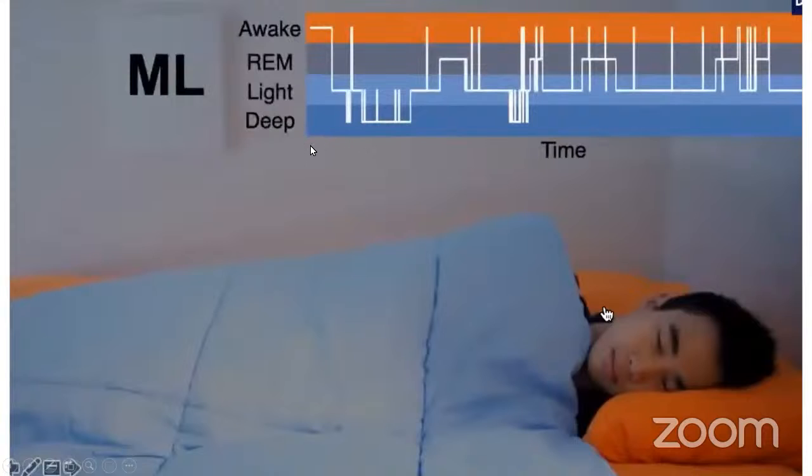It means that this person goes into deep sleep only in short intervals of time, and most of the time he is in the light sleep mode. So it means this person cannot go fully to sleep.